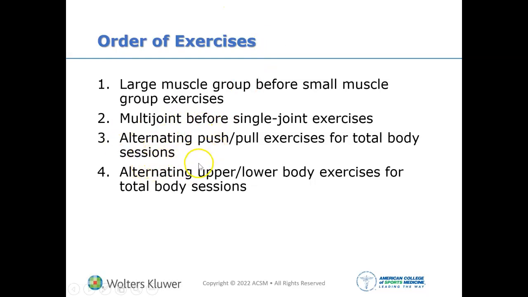So for example, if I'm doing an upper body day, I might do chest press first. That's a push exercise because I'm pushing the weight up. The next might be a pull exercise, lats, right? So I might do a lat pull down next because that's a pull exercise. Then I might want to do a shoulder press exercise, shoulder press machine or something like that, which is another push exercise, and then I'll follow that up with another pull multi-joint exercise.